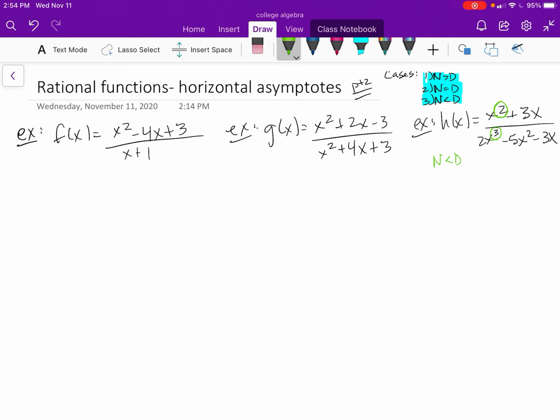But for now, that's not that important. All right. The idea is what we're looking for. So for a horizontal asymptote, if the degree of the denominator is larger, if the numerator's is less, then we get a horizontal asymptote at y equals 0. Okay.